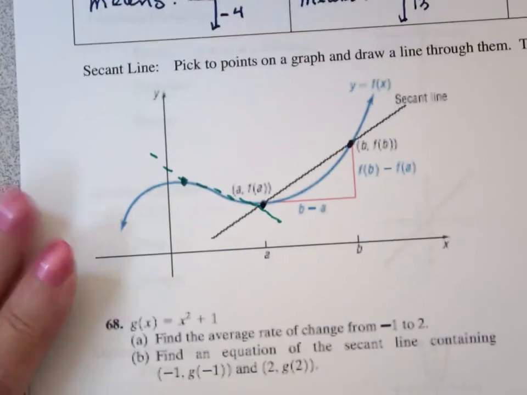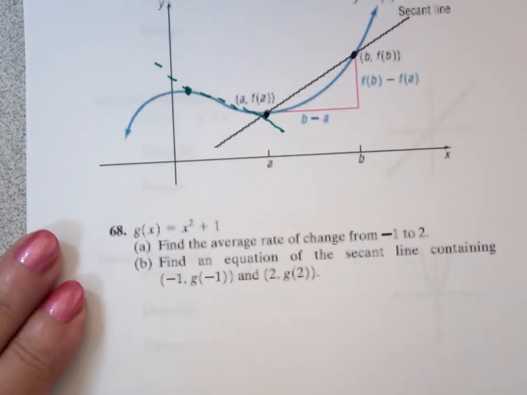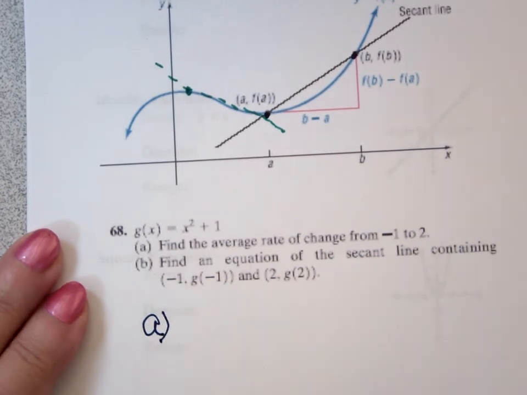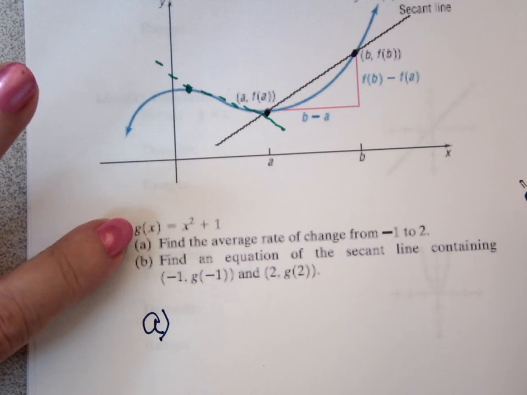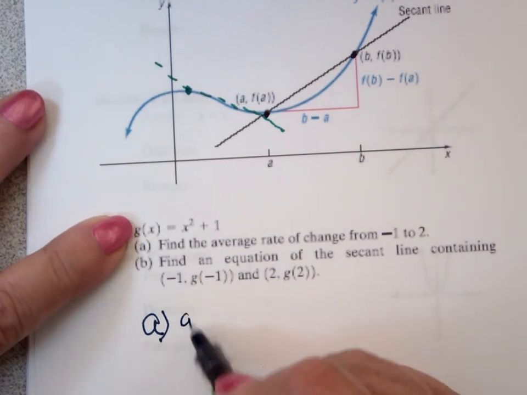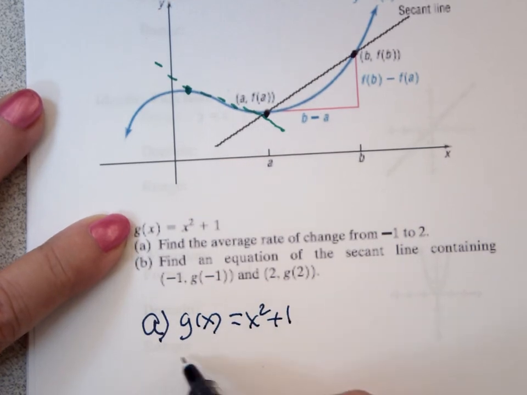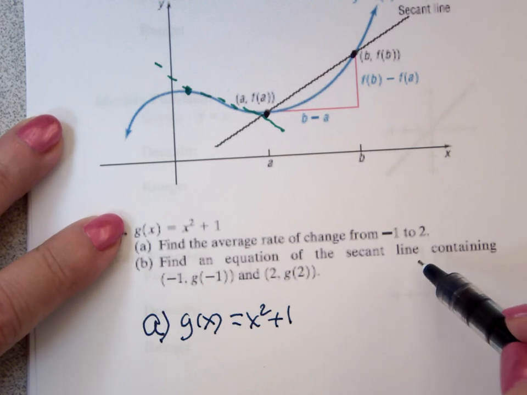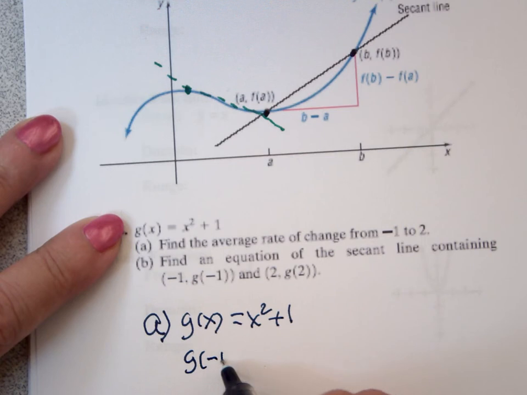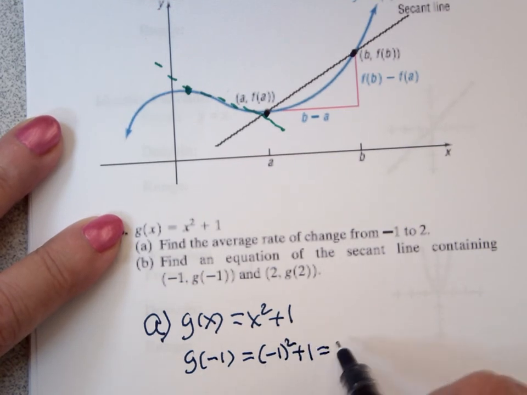So in order to find the average rate of change, and that's going to be part A, if I know that g of x is equal to x squared plus 1, then I need the coordinate point when x is -1. So g of -1 equals -1 squared plus 1, which is 2.